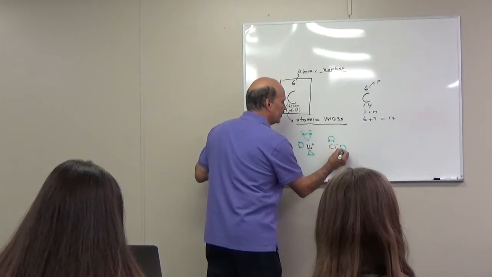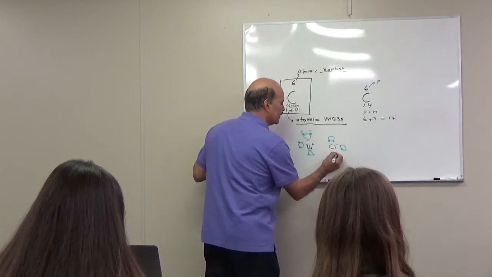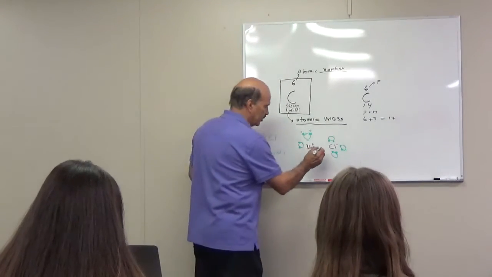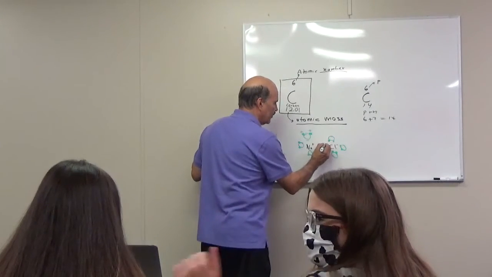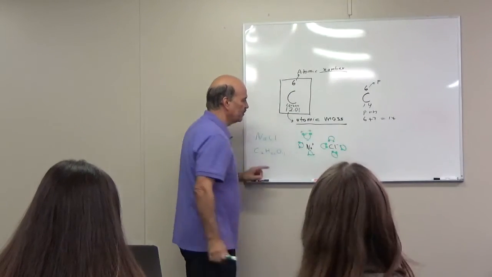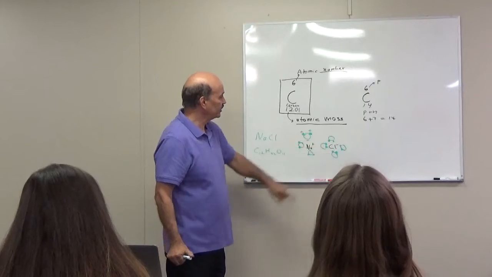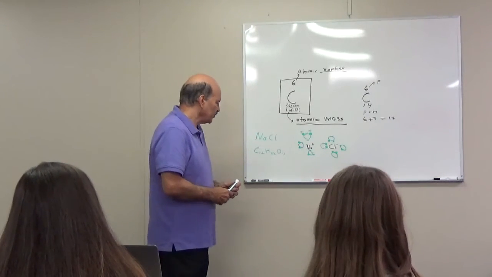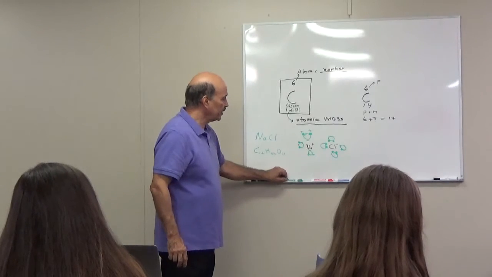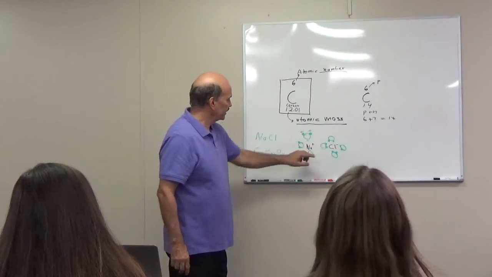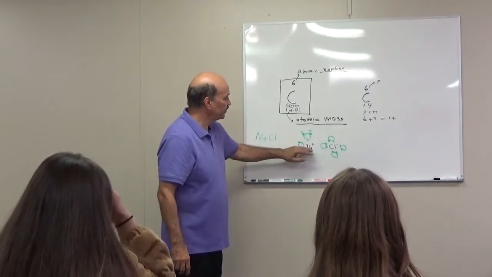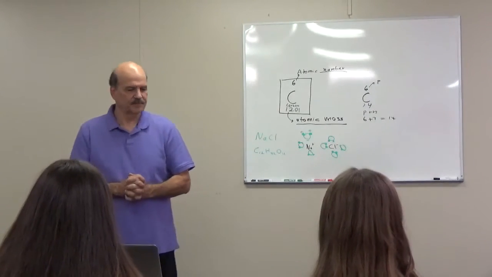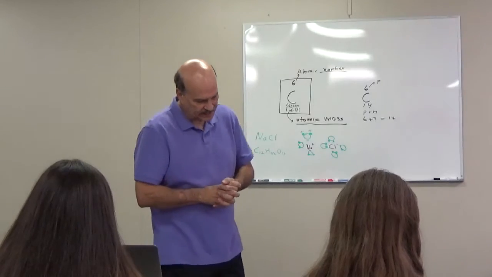Why do you think it looks different? Anyone, what do you think? Because the chlorine is negative, and so the positive side of this polar molecule, the hydrogen, is going to be closer to the chlorine. So that's what happens when things dissolve in water. Sodium chloride is an electrolyte because it breaks down into ions, and that's basically what an electrolyte is.